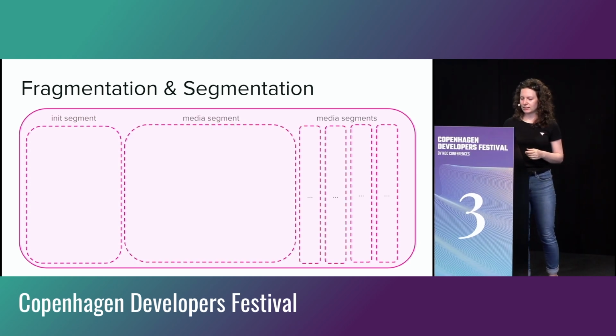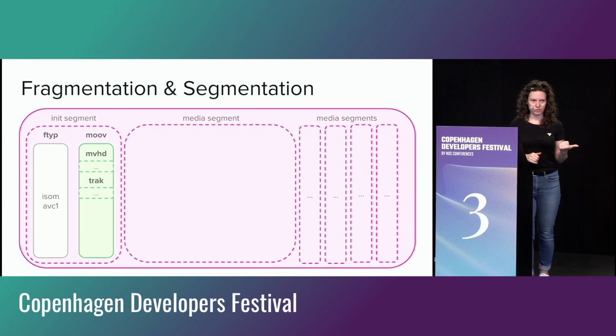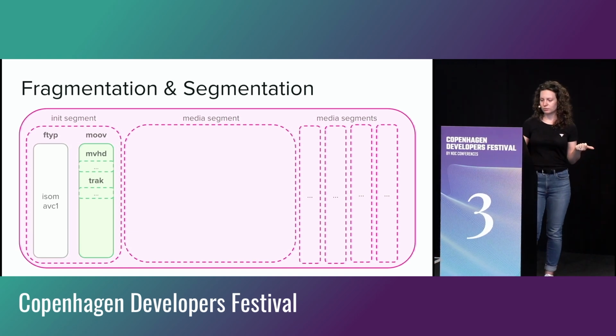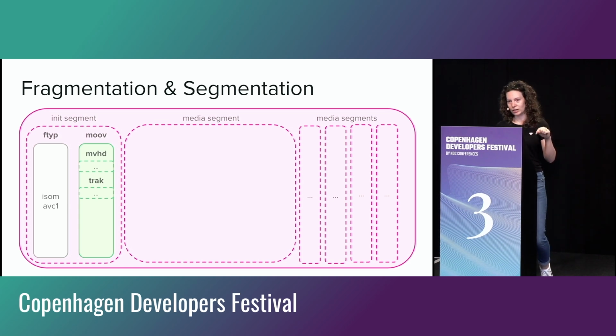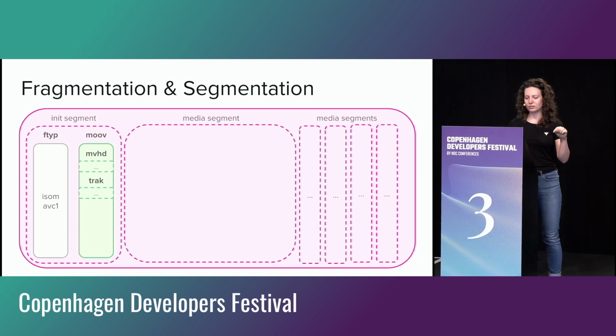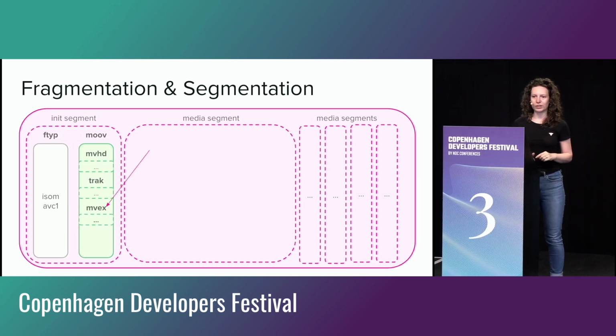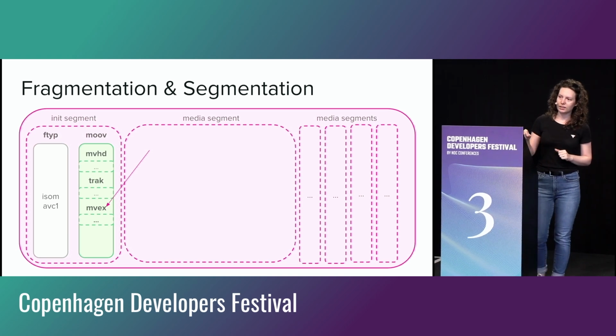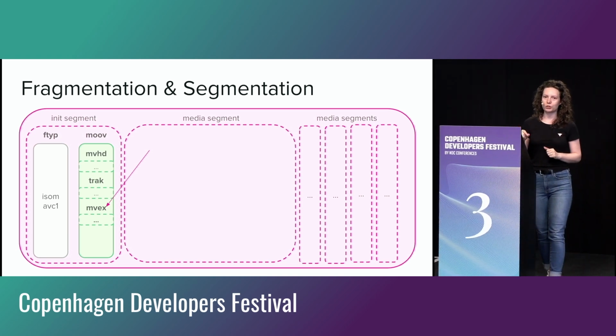In the init segment, we'll get the ftyp atom that we had before. We'll get the moov atom as well. But now inside the moov atom, we'll have yet another one, which is called mvex. And this one stands for movie extends, and indicates that at least one of the streams got fragmented.